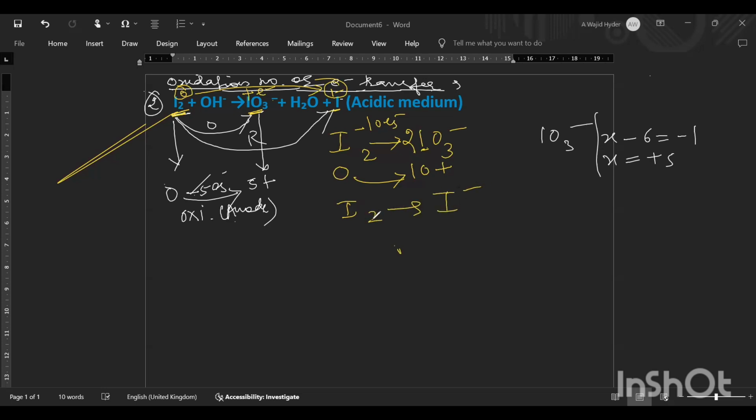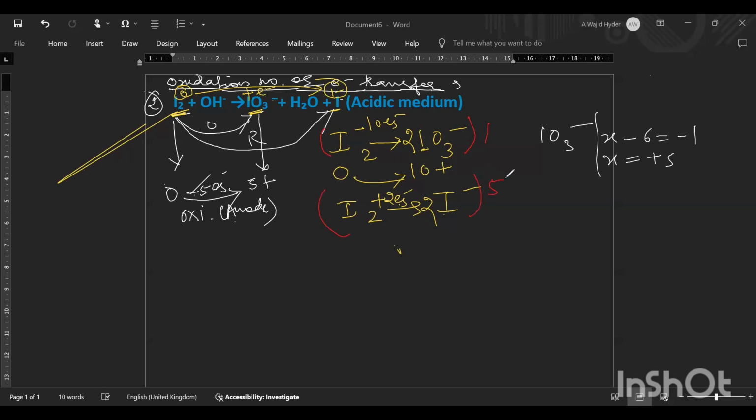Now see, the second part, iodine is changing to I minus. Here 2 iodine atoms, here 1 iodine, iodide ion only. So write twice I minus. Here 0, and 1 iodine is having 1 minus, 2 iodine will be having 2 minus. So here 2 electrons are added. Now to make the number of electrons lost and gained the same, you will multiply this by 1 and this by 5.